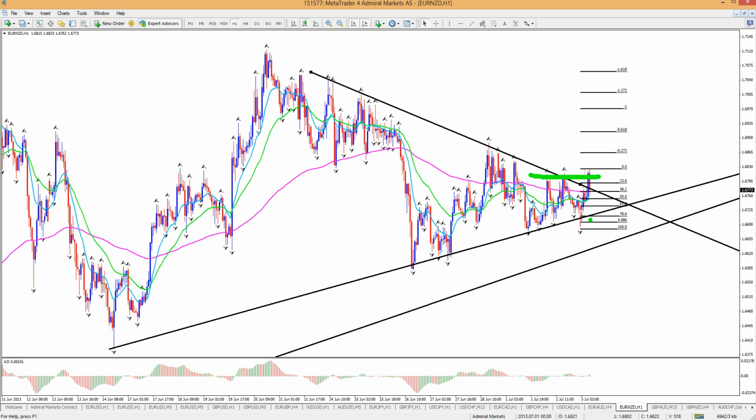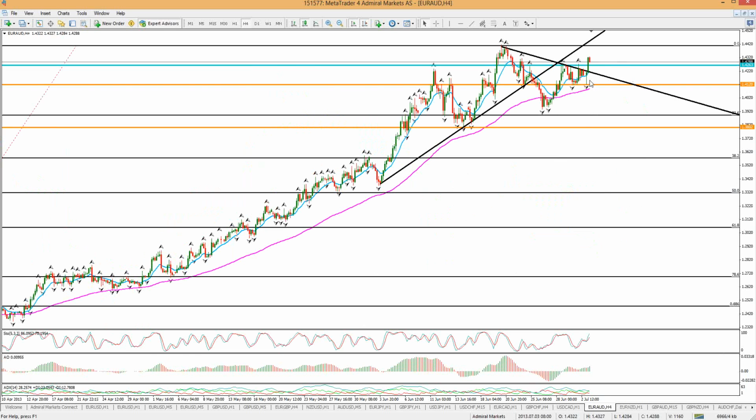We do have a bit of a top here maybe to be aware of. It could be a sideways zone in here as well. You're right at the top, so that's something to be cautious of. Otherwise, it could be a good break to the upside, just like the Euro odd has already done, right in here.